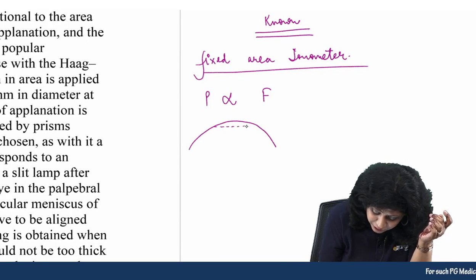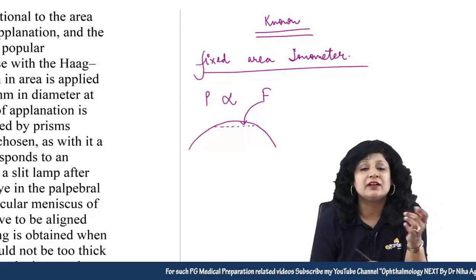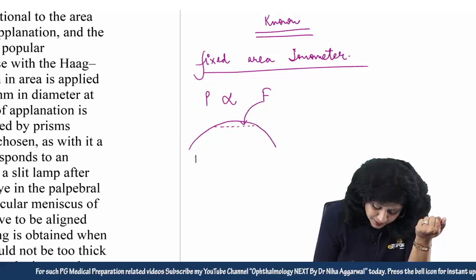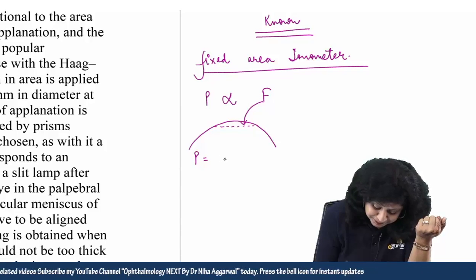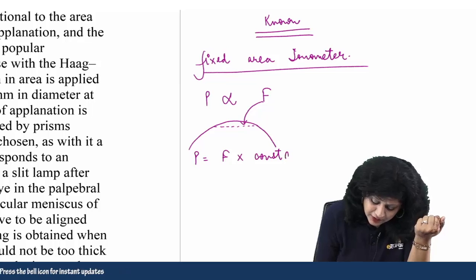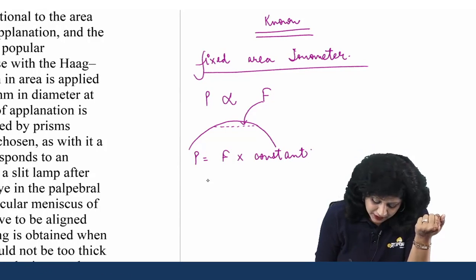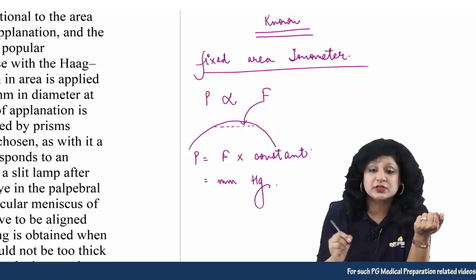Whatever force is required to flatten the cornea will give you the pressure. So pressure will be equal to the force into a constant. We multiply it by the constant so that we get the pressure in mm of mercury. This is simple physics.